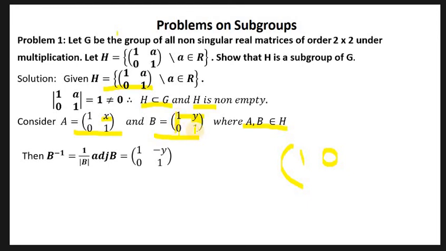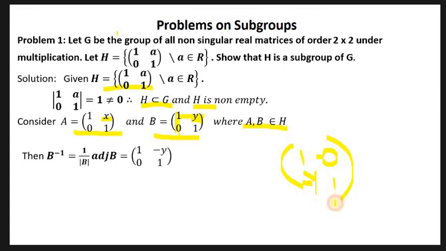By neglecting this row and column, we get y with the negative sign, because 2 plus 1 is an odd number. So we get minus y in this place. Then go to the second row, second element. Neglecting the second row and second column, we get 1.